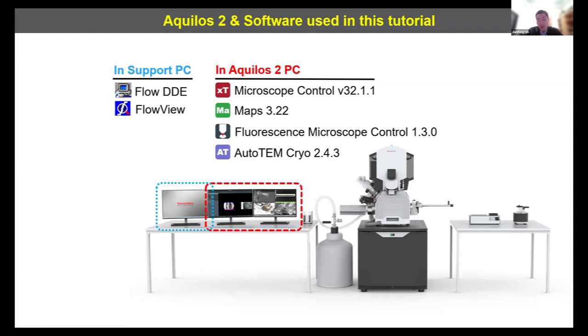So after you load a sample into the machine, you can do many steps remotely from home using remote software. The other computer, the Arctis 2 PC, generally has no internet access for safety concerns, but it has all the software used for your lamella preparation.